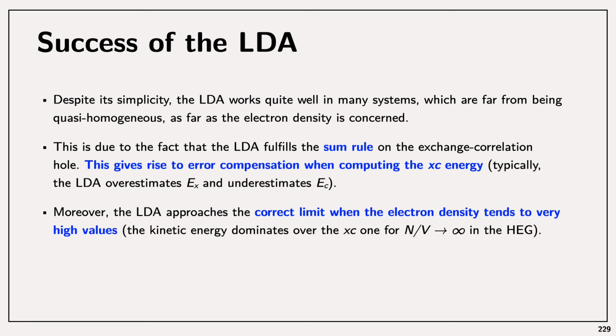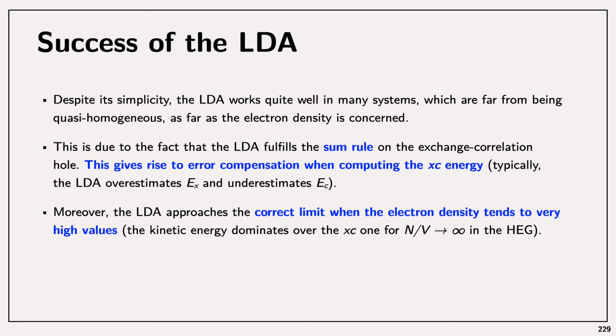And the reason for that is that when you have a high density, you have a very large kinetic energy for the TS, and as a result, what is known, so like TS, is actually much larger than what is unknown, the exchange correlation.